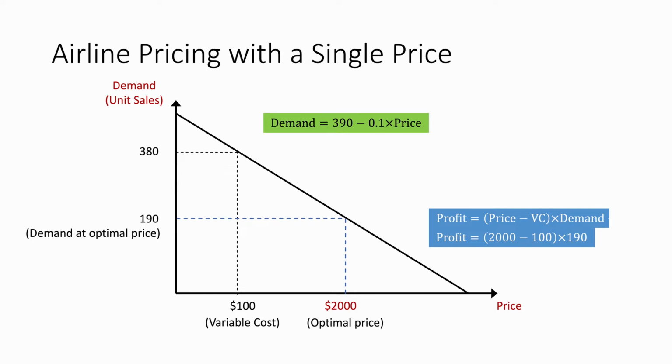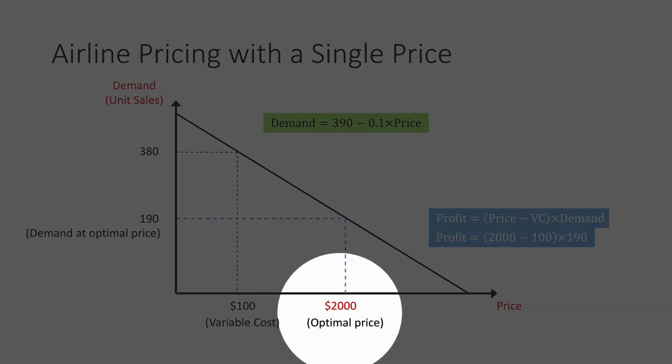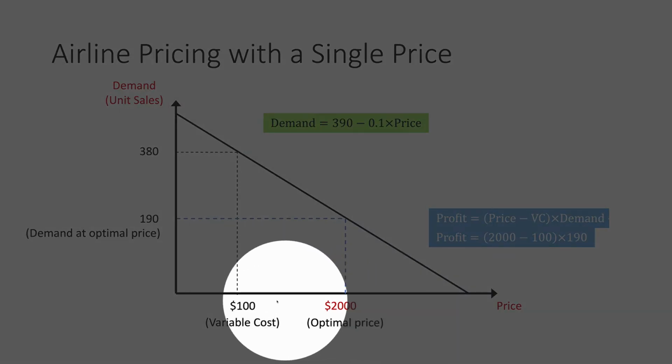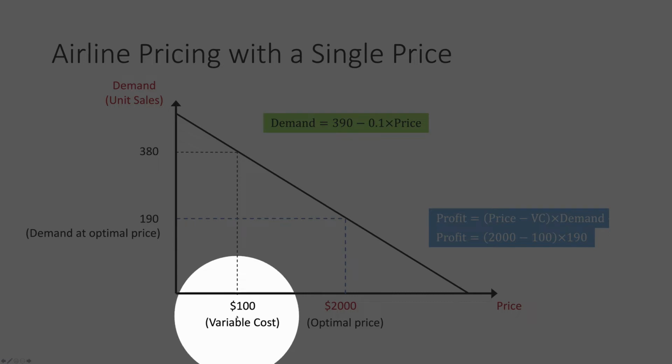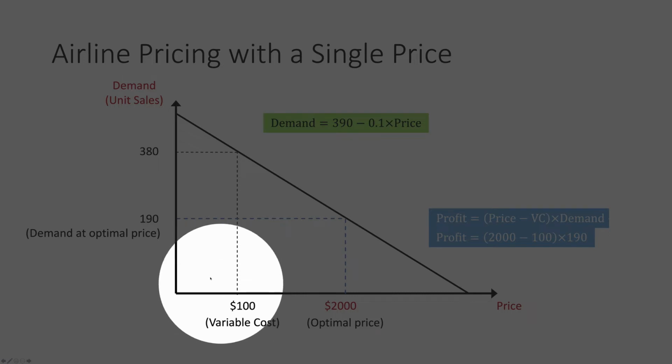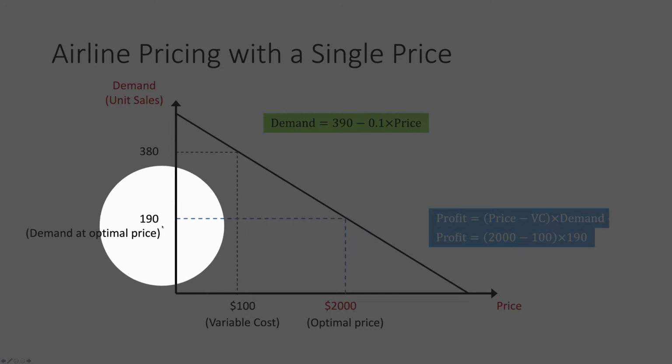What does this calculation mean visually? Let's come back to our drawings on the demand curve. So let's consider the profit calculation. We have the price, $2,000. We have the variable cost, $100. And then we have the demand, 190.